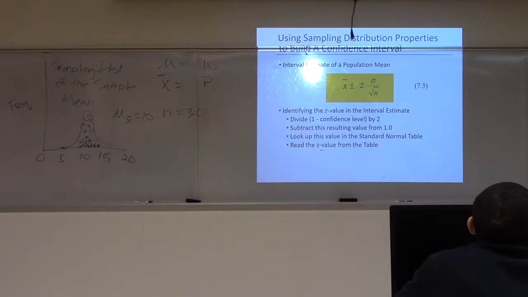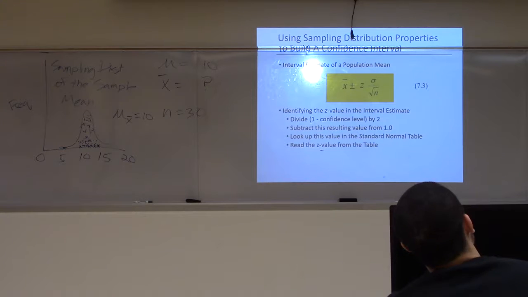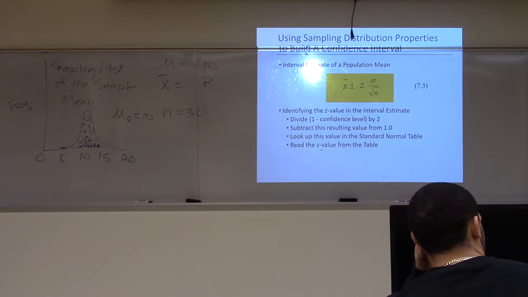Exactly. So there's a 5% chance of me making a mistake. How does that 5% break down? Well, there's a 2.5% chance it could be too high and a 2.5% chance it could be too low. So this could be an error here, and this could be an error here. 2.5% of the data in the sampling distribution of the sample mean is up here, and 2.5% is down here.